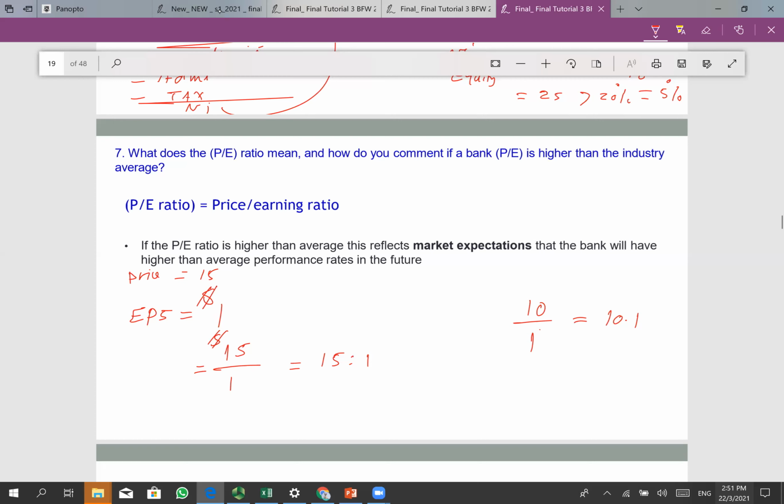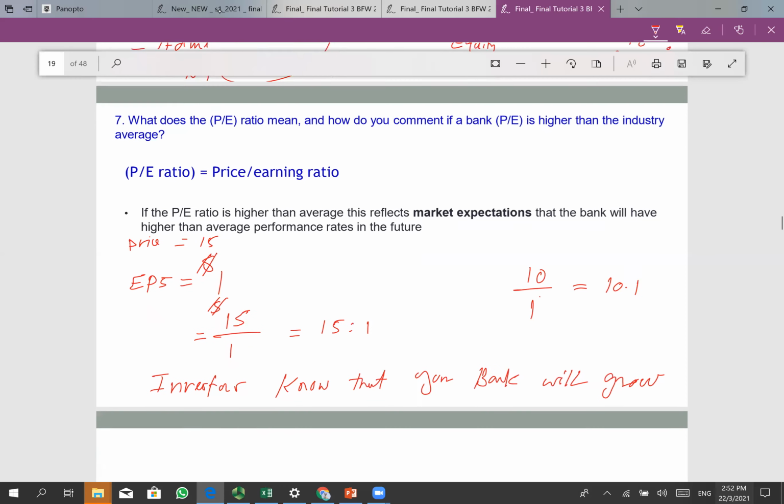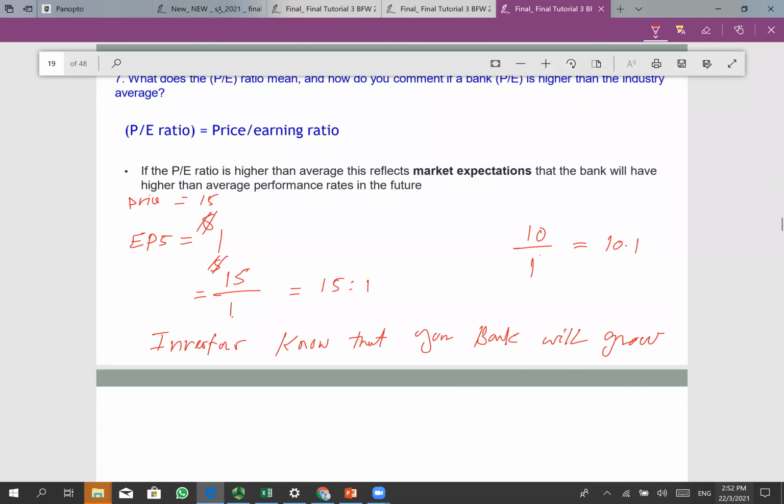This is because investors know that your bank will grow. And therefore, your price here should be like the industry, right? It should be 10. But it already jumped to 15. That means they are willing to buy it. They are willing to bid $15 because they know that you are growing and you will make more performance and you will increase the earning per share.